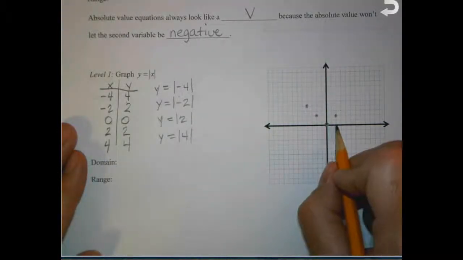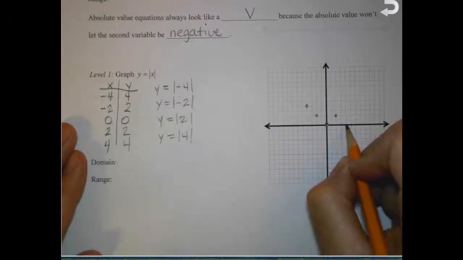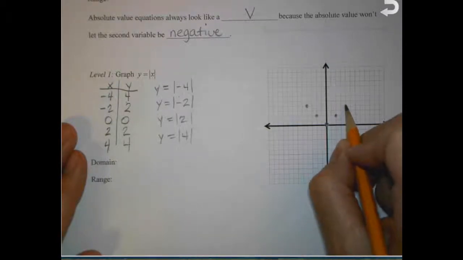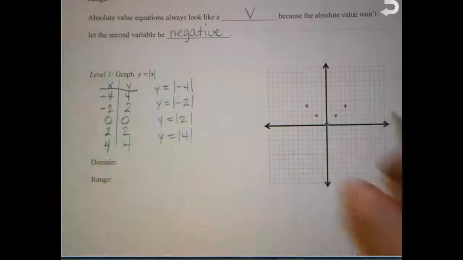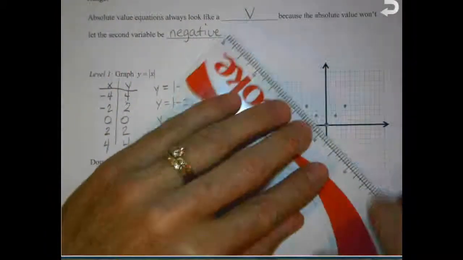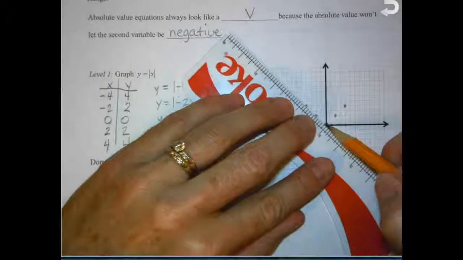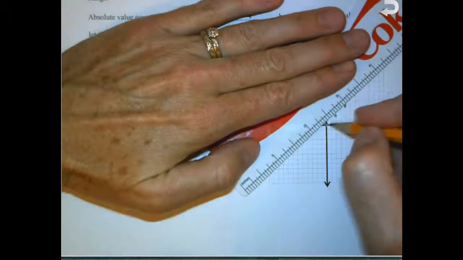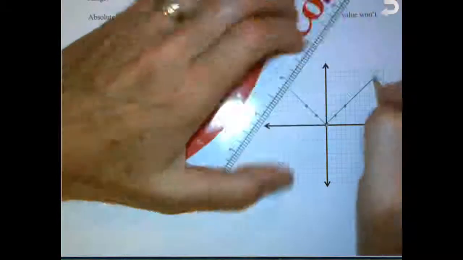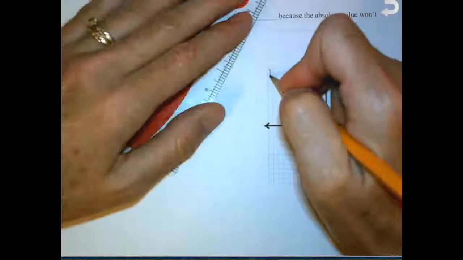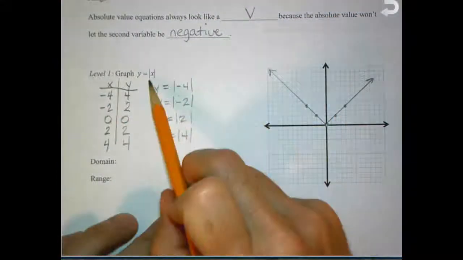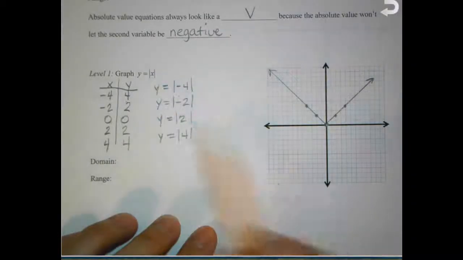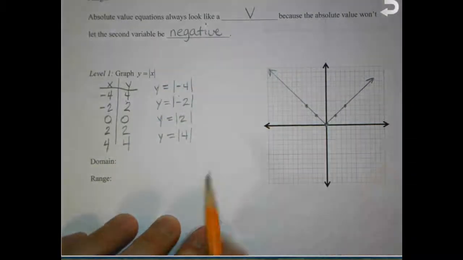So +1, 2, 3, 4 in the x direction, 1, 2, 3, 4 in the y direction. Now that's enough for me to see my V shape. So I'll go ahead and mark that in. And anytime I have an absolute value, I should expect it to come out looking like a V.